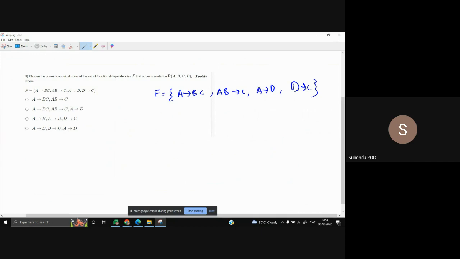The right hand side should be unique, so we write A determines B, A determines C, then AB determines C, then A determines D, and then D determines C.